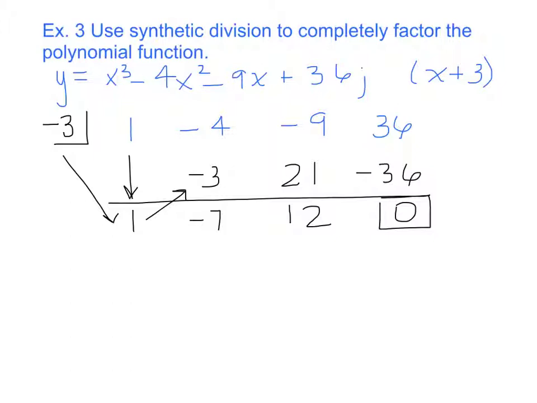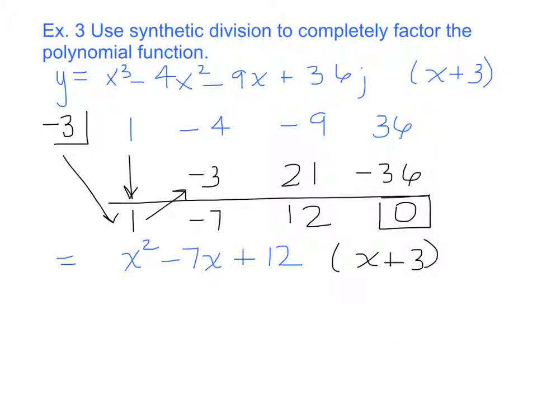And then you add going down. All right, so I'm going to write this back as a polynomial. Remember, we lose a degree because we divided. So this would be x squared minus 7x plus 12. So when they say completely factor, they've already given us one of the factors, which was x plus 3.